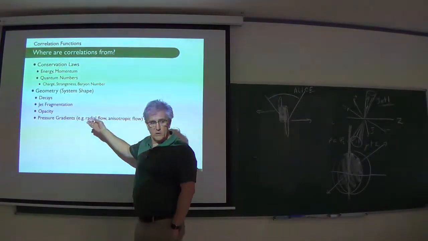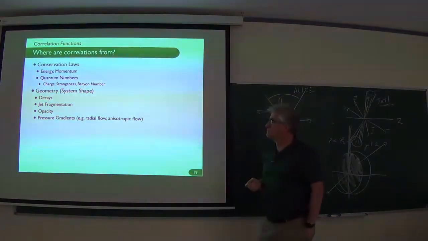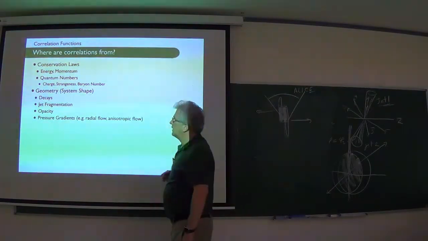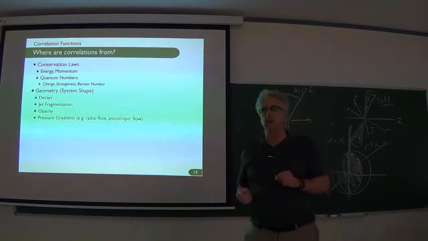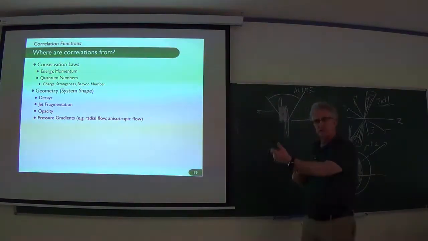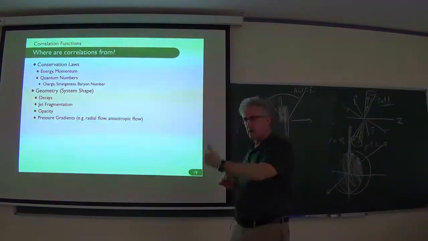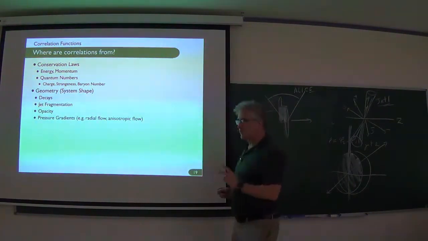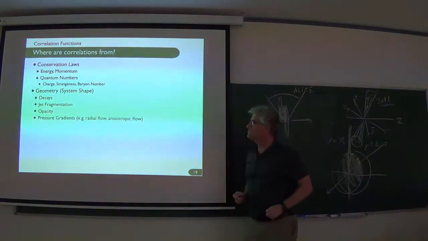There are also correlations that emerge based on the geometry of the collision. And I mean this in a very loose sense. If you have a rho meson, and I'll give you an example of that in a moment, a rho meson likes to decay into two pions. So this decay is happening at finite velocity, so that has a geometry that will create correlation between the two pions that the rho decays into.